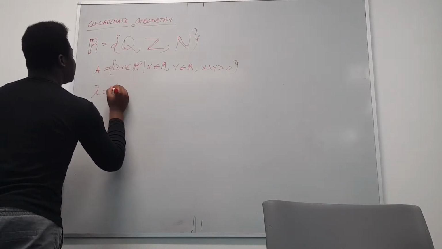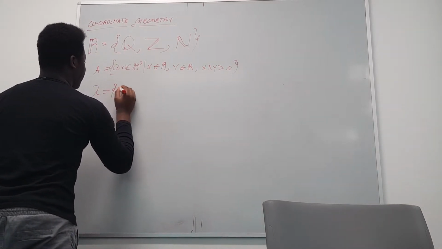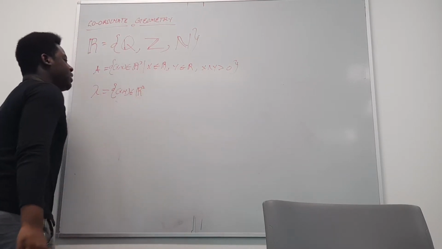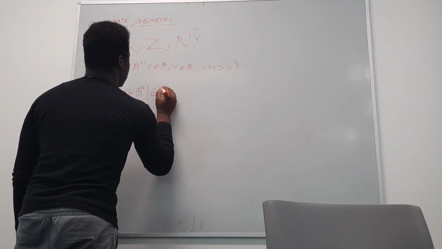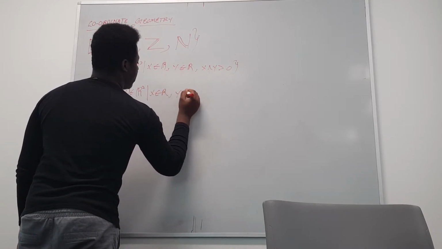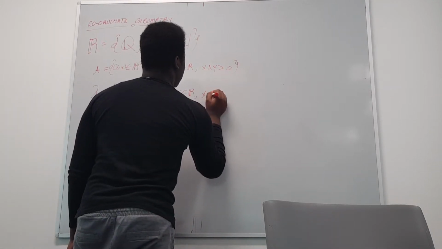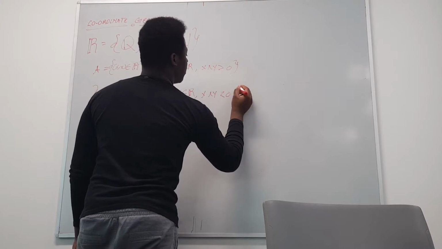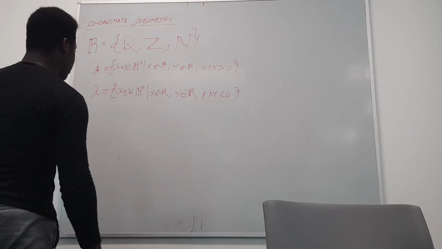Lambda is a set of x, y, that's part of the real number set, the Cartesian product of the real number set, such that x is a member of the real numbers, y is a member of the real numbers, and x and y are less than 0.